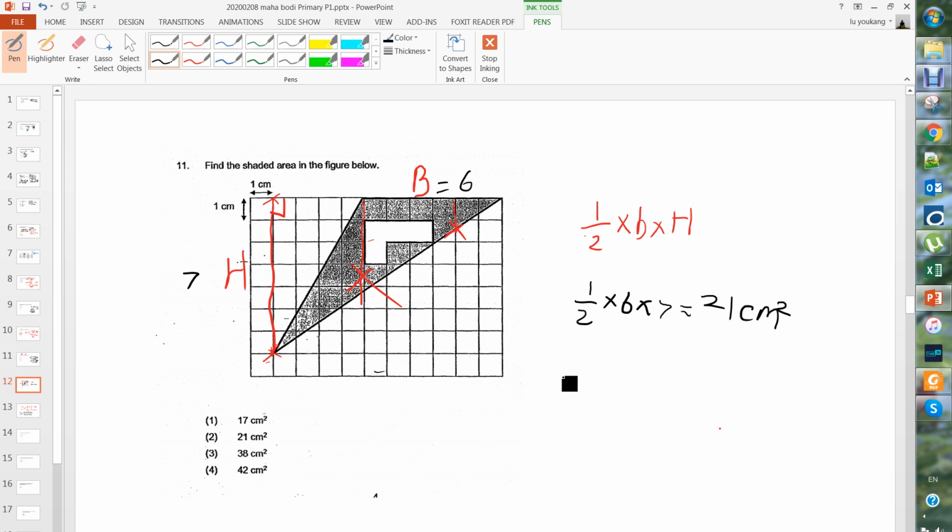Okay, so which one is the one piece? Have you found the area of the one piece already? Yes. Which one? Then you should write down what? Write down. 21 is 4.